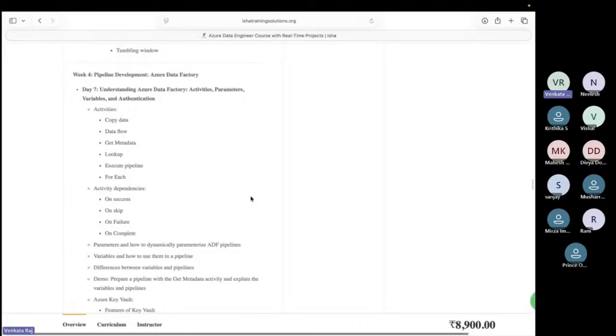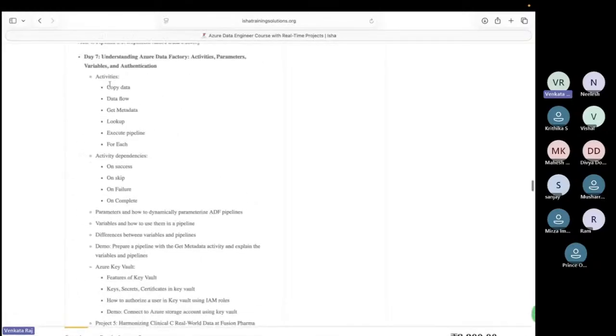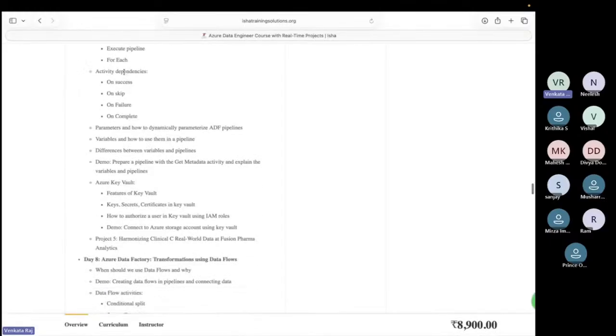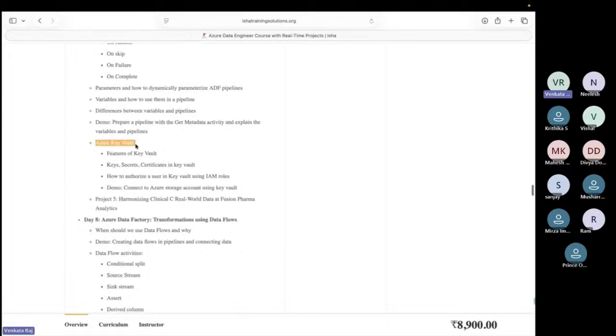Then we will start with pipeline development. We will see some of the activities, though I have mentioned only 4 or 5 activities here. I don't want to occupy a lot of space, but we are going to touch base on other activities as well. Then we will talk about how to dynamically prepare the pipelines. And here you see Azure Key Vault, right?